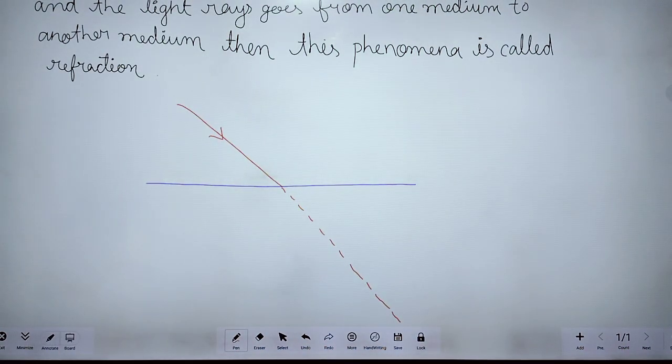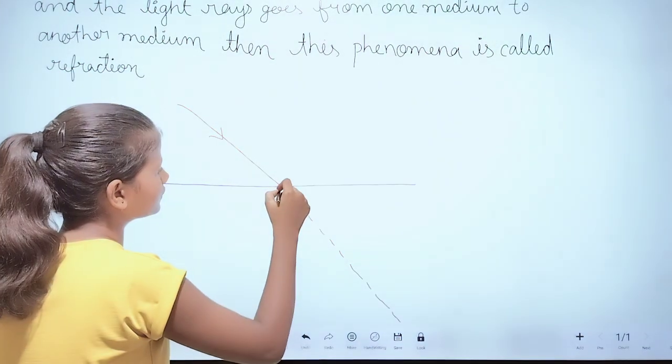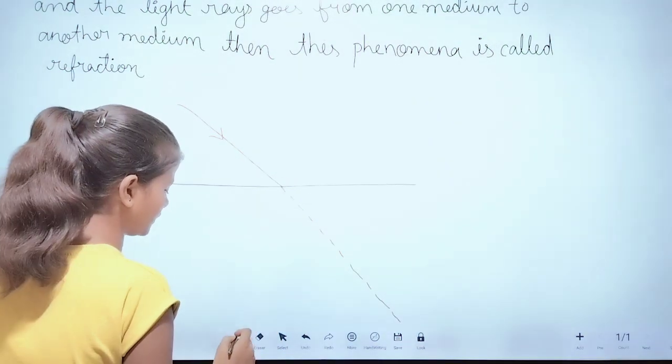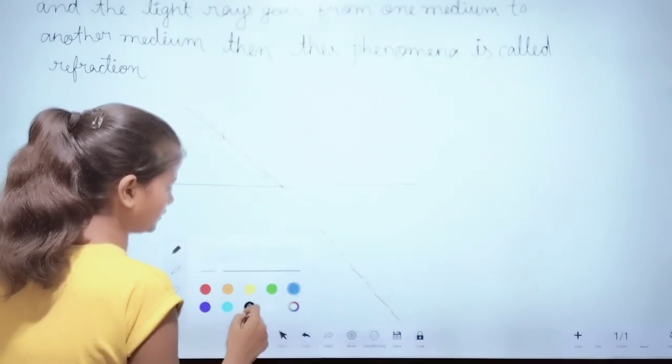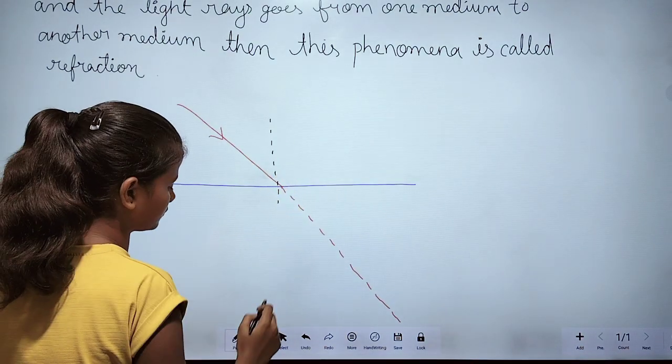But here is a surface. So this light ray, and this one is our normal.